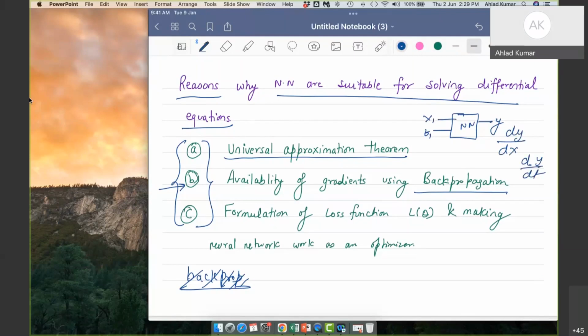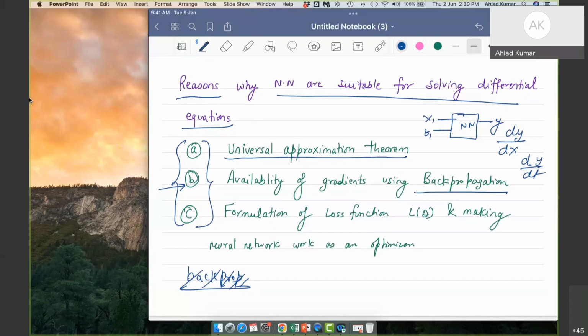These derivatives are automatically available to you. That is again one of the USPs of solving differential equations using neural networks, because the software is inherently providing us all these back propagation values.